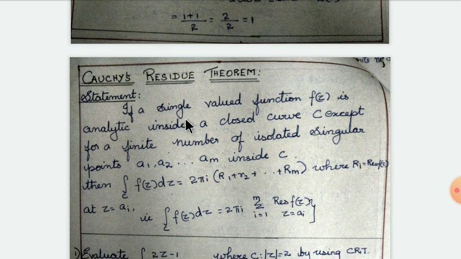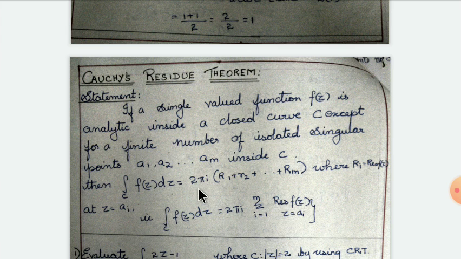If a single valued function f of z is analytic inside a simple closed curve C except for a finite number of isolated singular points, also known as poles, like a1, a2, etc., an inside the C, then the integral over C of f of z dz is equal to 2 pi i into the sum of the residues of f of z at each of the singular points a1, a2, etc., am.